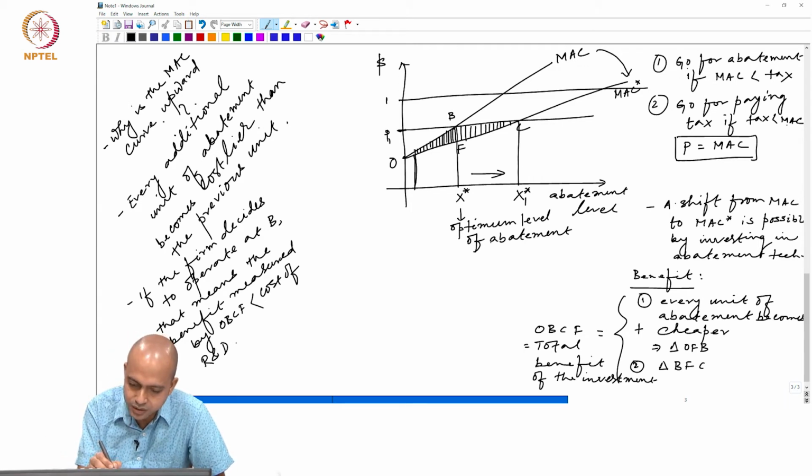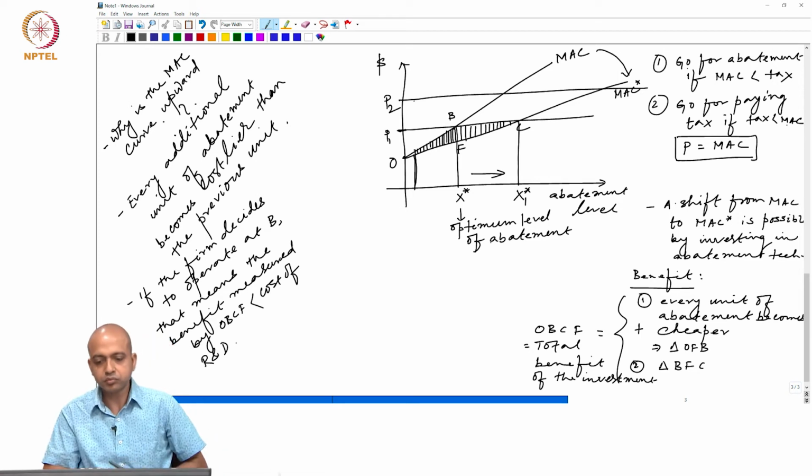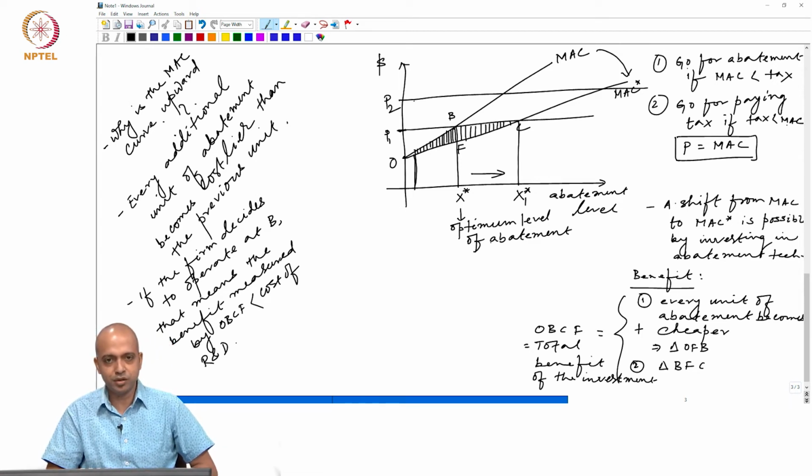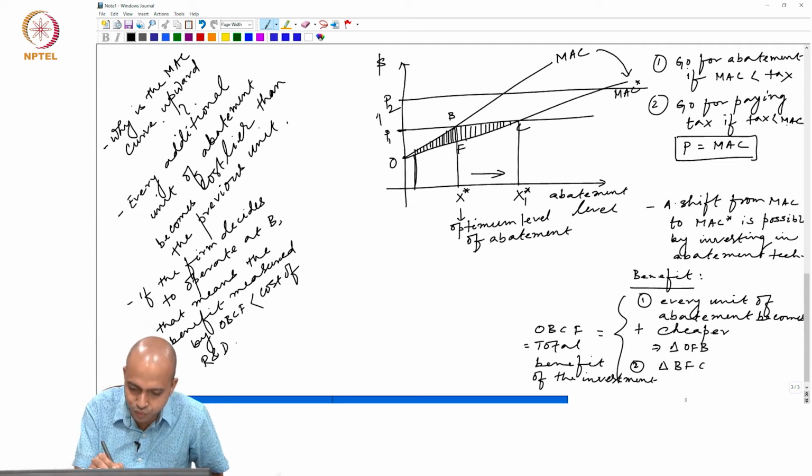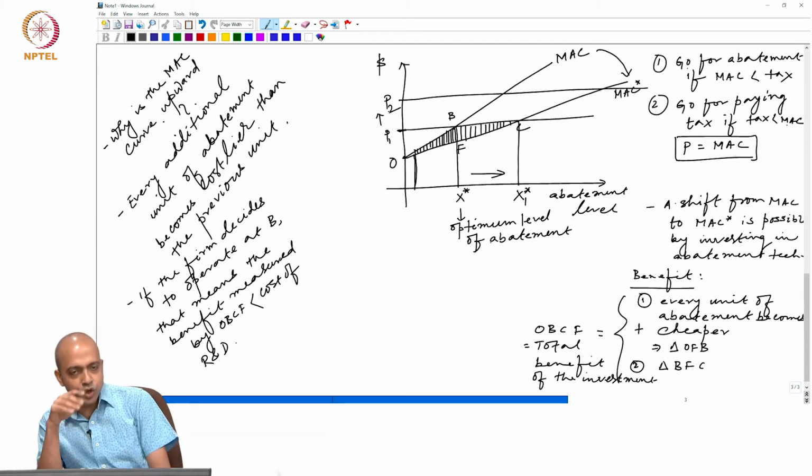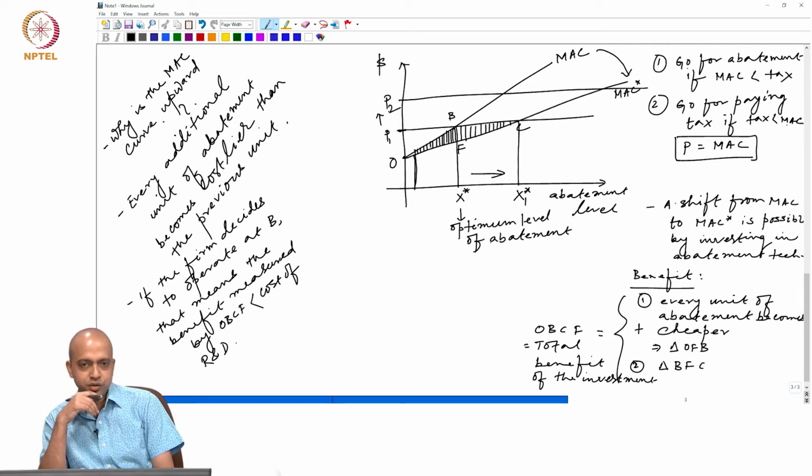Let us say this is P2. What will happen? Whether the increase in tax rate from P1 to P2 can motivate the firm to go for innovation. At P1 level, we have just established that the firm decides to operate at B because the benefit amount is lower than the cost of R&D.